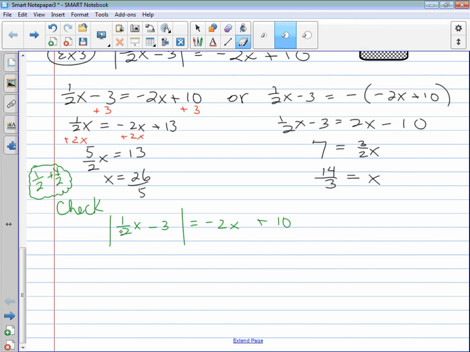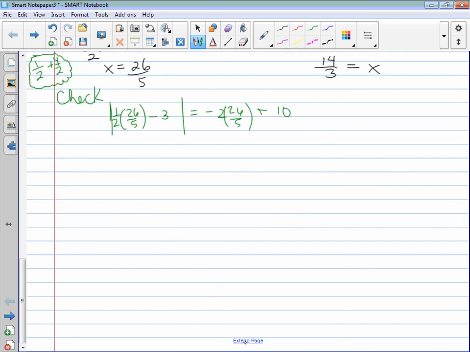I want to see if 26 over 5 works. Now, the nice thing about checking your work is sometimes you can be a little sneaky. You don't have to do all the math. Let's start on the right side. Negative 2 times 26 over 5.